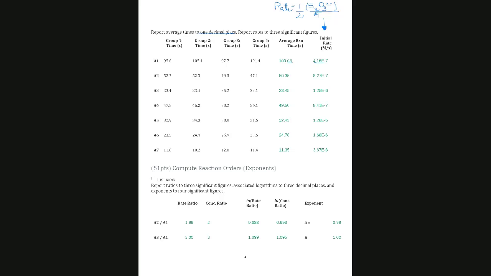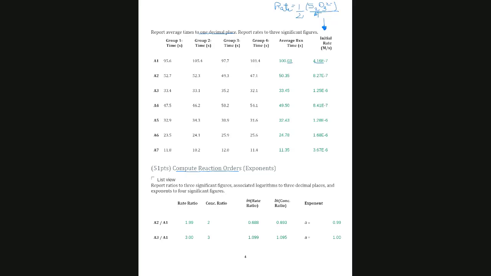So once you do this table, it says this comes the last part, compute reaction orders. And how do we do this? Basically, this is the easiest part.